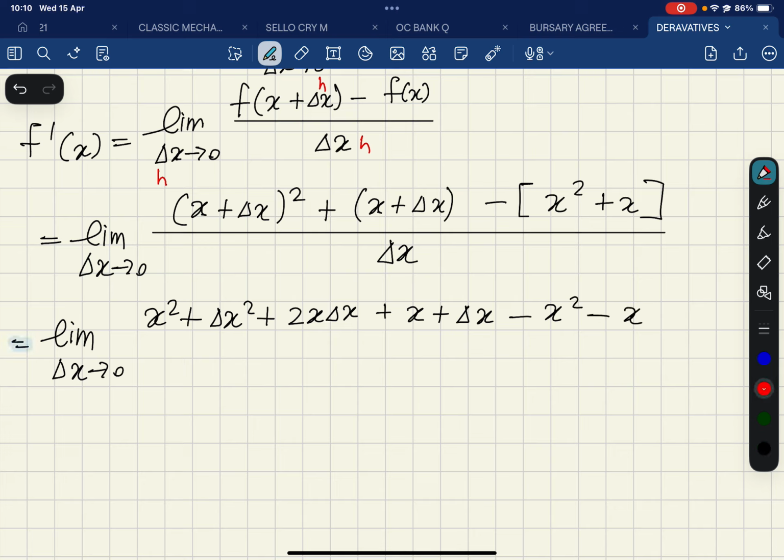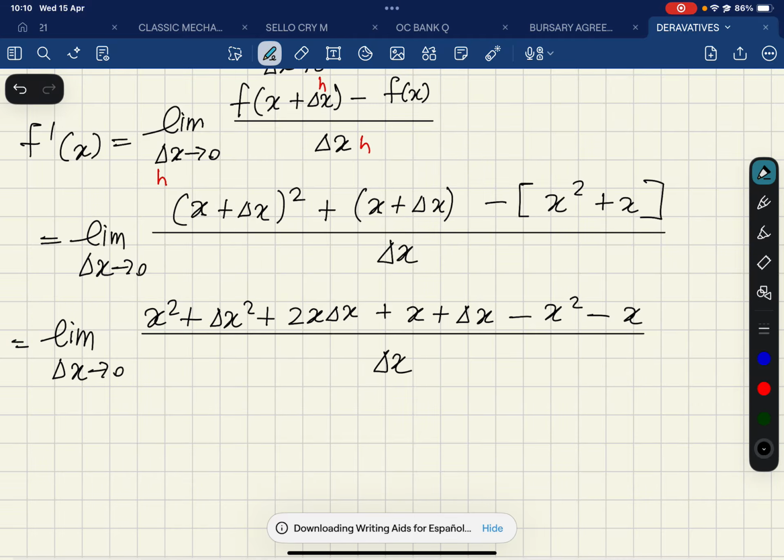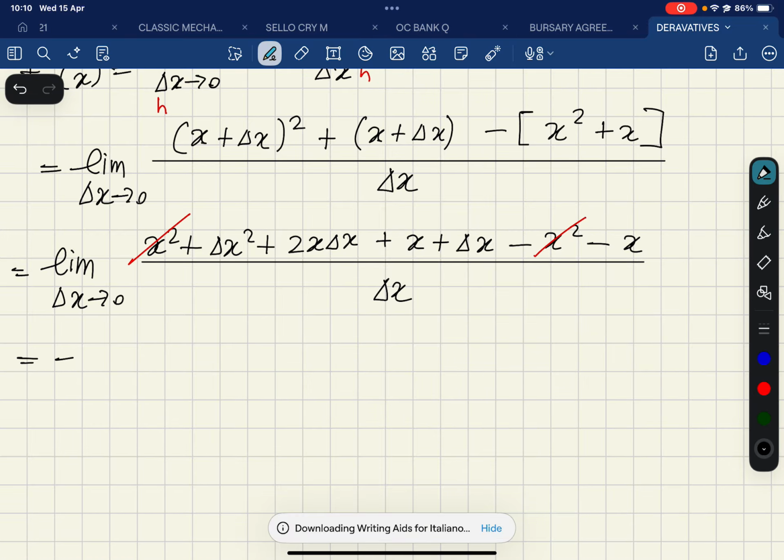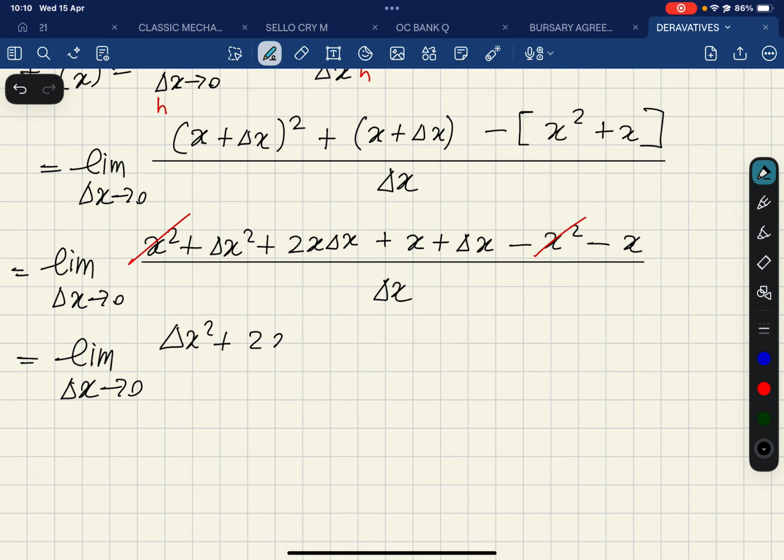So if you can check there, we divide everything here by the change in x. If you can check, this x squared, they cancel each other. Then from there, we're left with the limit as change in x approaches 0. So I'm remaining with the change in x squared plus 2x change in x plus, if you can check also, the x's they cancel.